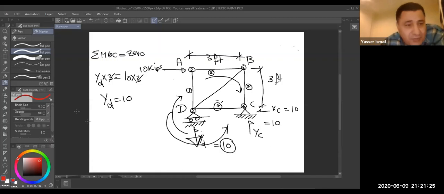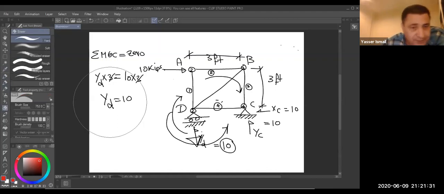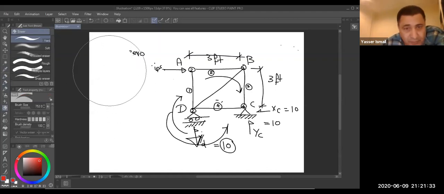Now I can draw the free body diagram for the truss, and from this free body diagram I will use the method of joints. My truss is like that.